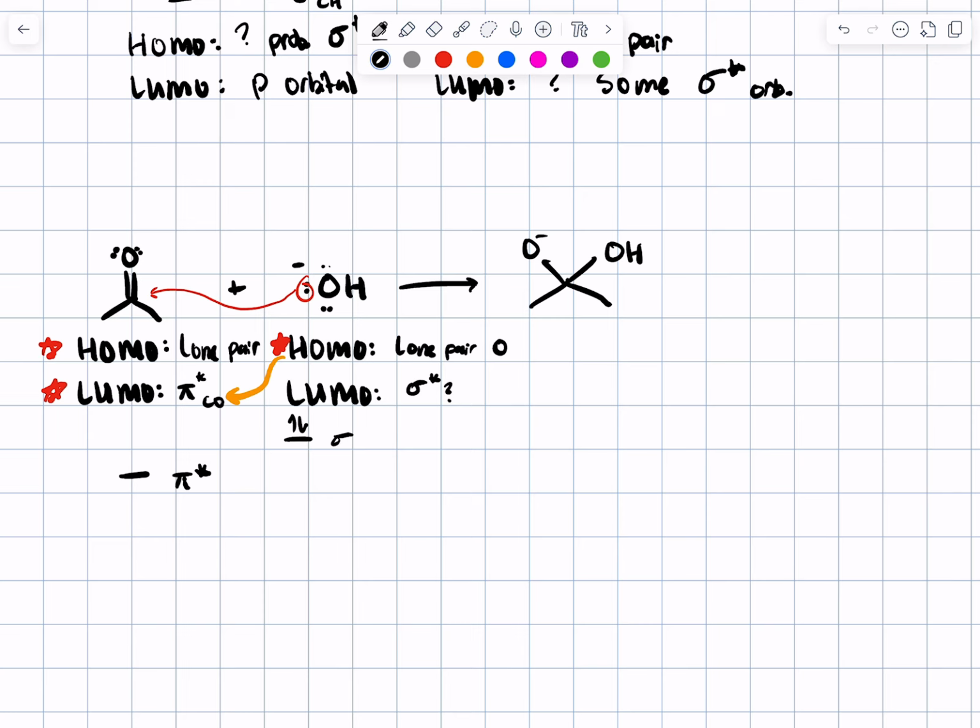So we're going to turn that pi star, very oversimplified, into a sigma orbital. And that's going to give it a chance to really relax in energy after the fact. So hopefully seeing the product makes that much more clear on why that's favorable.